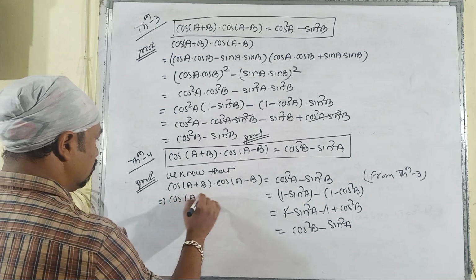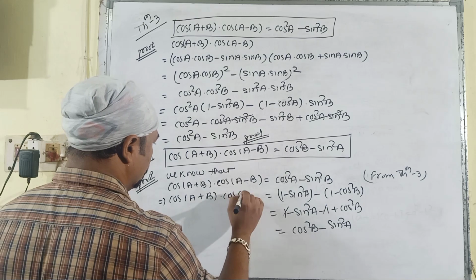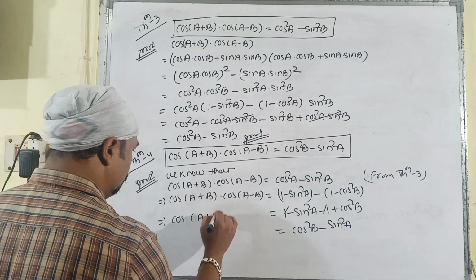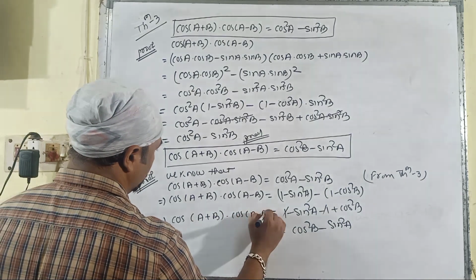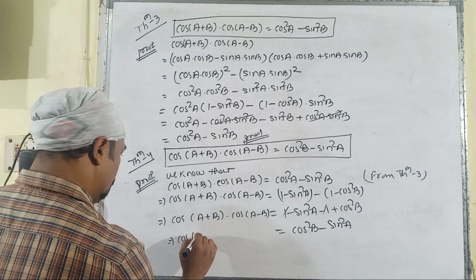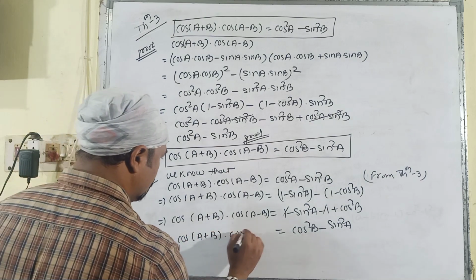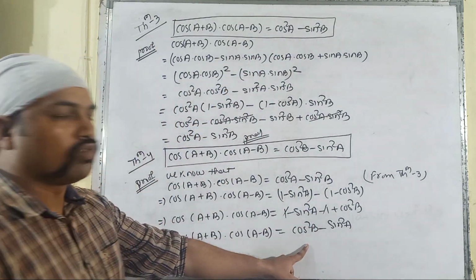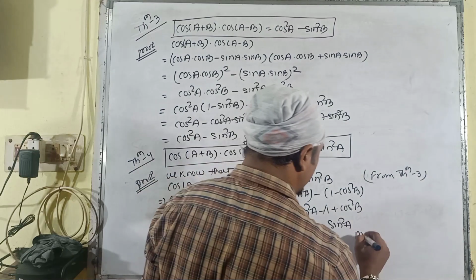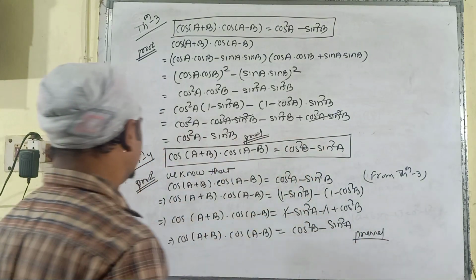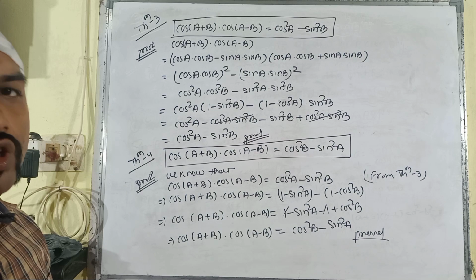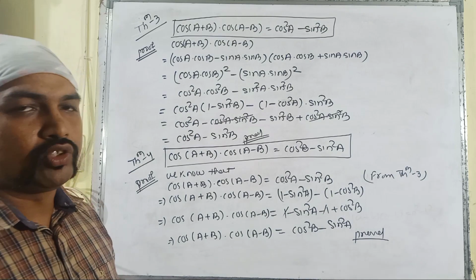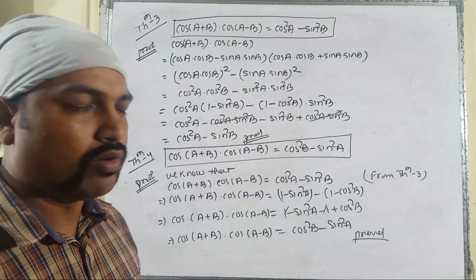Just write down the steps in the left hand side: cos(A plus B) multiplied with cos(A minus B), and their multiplication is cos square A minus sin square B as well as cos square B minus sin square A, and here it has been proved. So here is the proof of theorem number 3 as well as theorem number 4. Then moving to the last 3 theorems of this continued session of trigonometric ratios of compound angles.